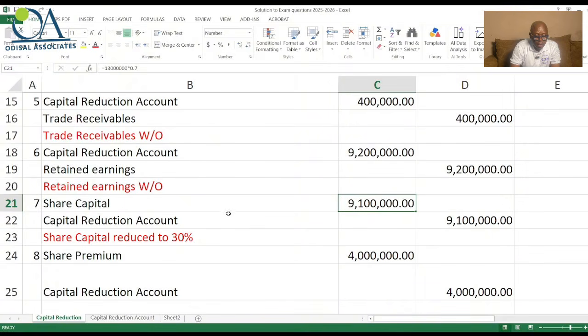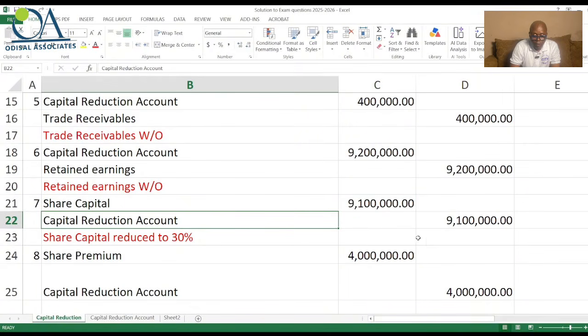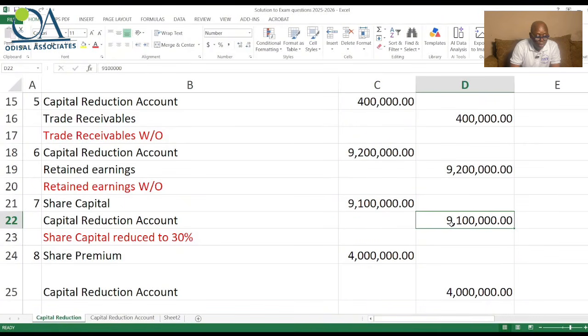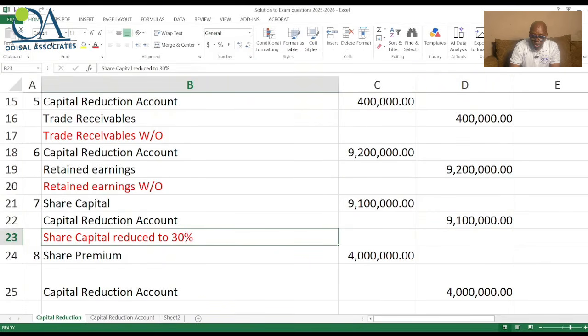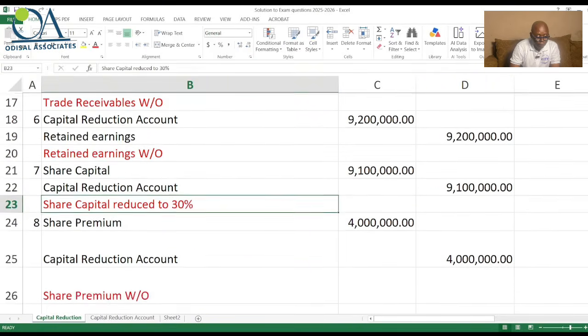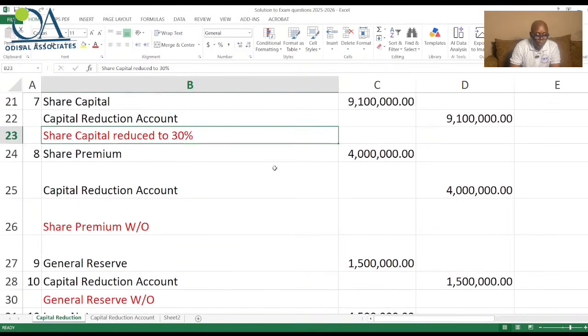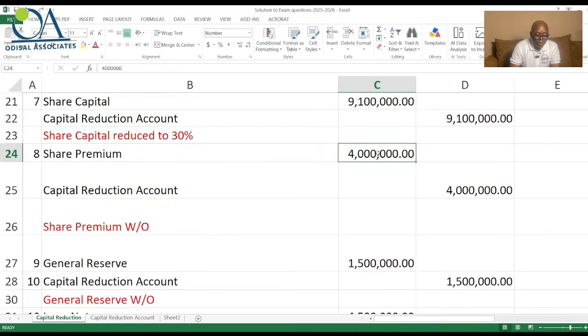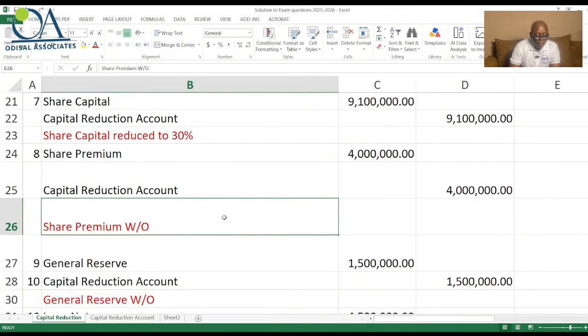This will be a credit to the capital reduction account. Share capital reduced to 30%. Share premium is to be written off. Share premium account is a credit account, so we're going to debit it to write it off. And then we'll credit capital reduction account. Share premium write-off.